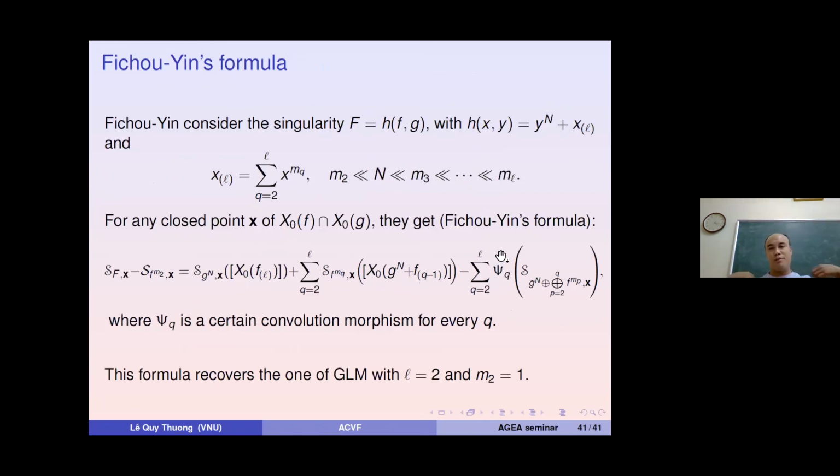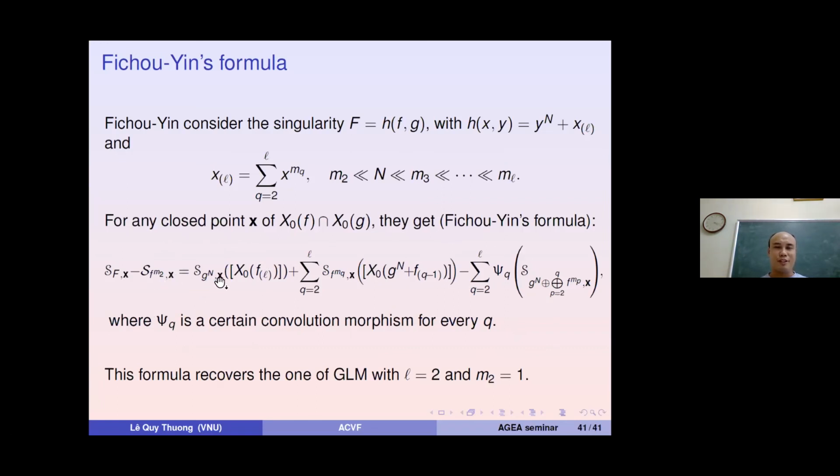That's their experience. So they use the construction of convolution using ACVF theory and the comparison of ACVF and Hrushovski-Kazhdan motivic integration with that of Kontsevich, Denef-Loeser, and prove the formula.